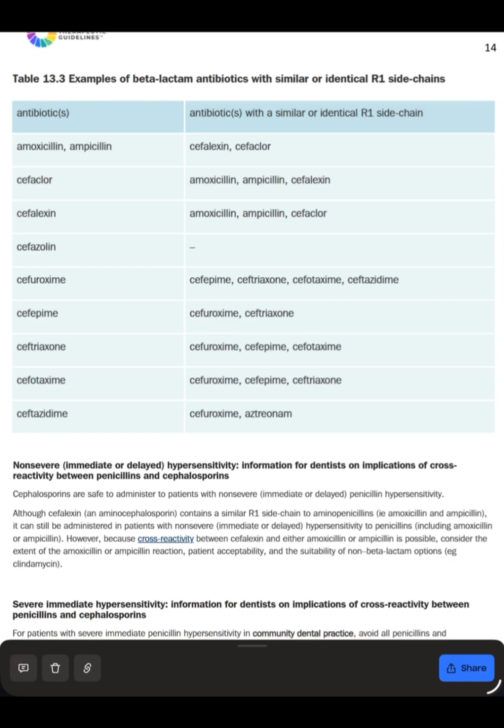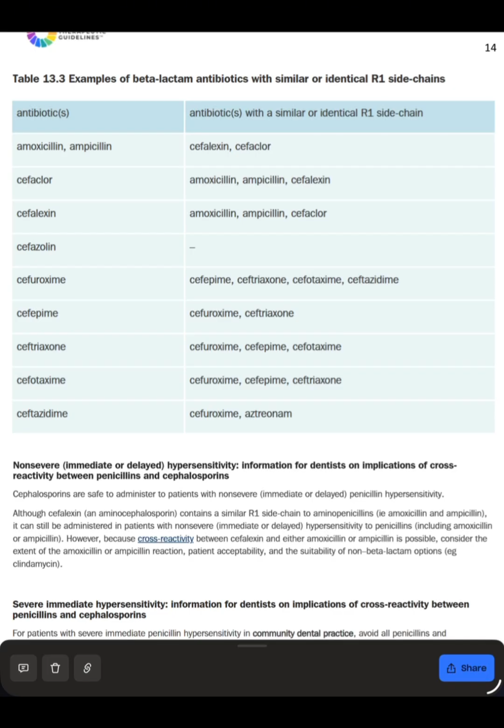Cefazolin, up till now, has no similar or identical R1 side chains with any antibiotic. Cefuroxime has similar or identical R1 side chains to cefepime, ceftriaxone, cefotaxime, and ceftazidime.